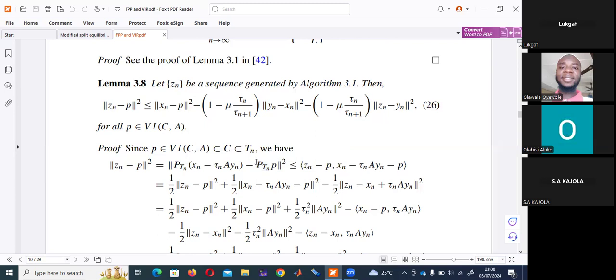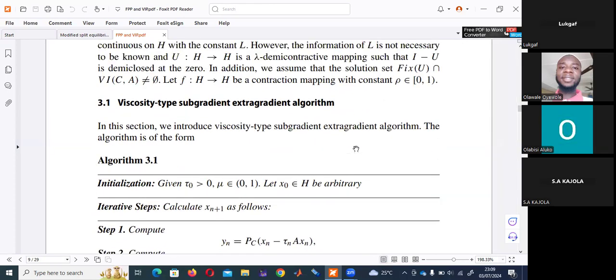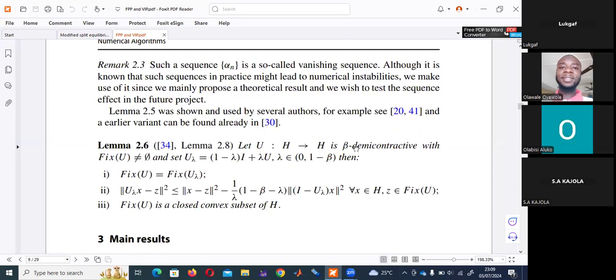So the first question is clear, right? Yes, sir. Now, they have used the property that PTN is what? Firmly non-expansive. So I want to take you there. What is the definition of firmly non-expansive?